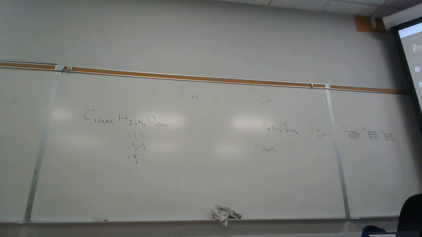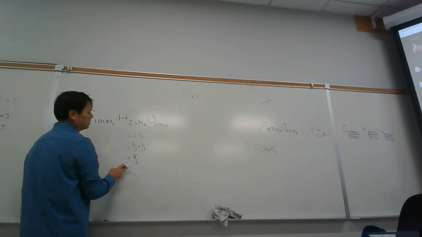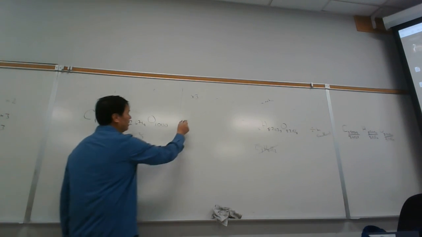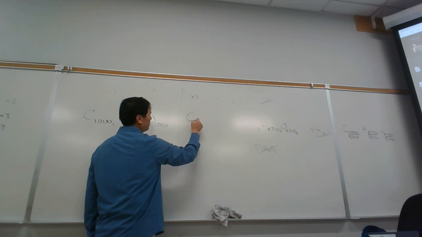If I have 1 1/3, or 1.3, then I'll multiply by 3. If I have about 1.67, which is 1 2/3, I'll multiply by 3 as well. And so this is pretty close to 2 2/3, about 8/3, so I'm going to multiply this whole thing by 3.